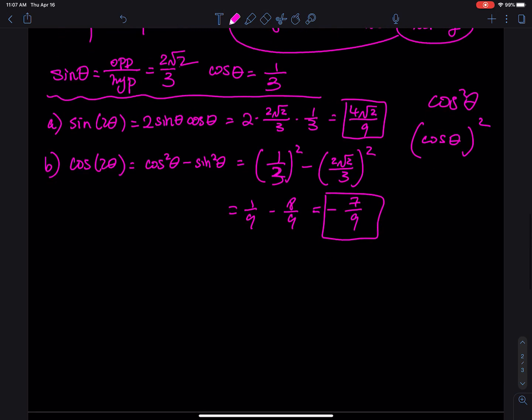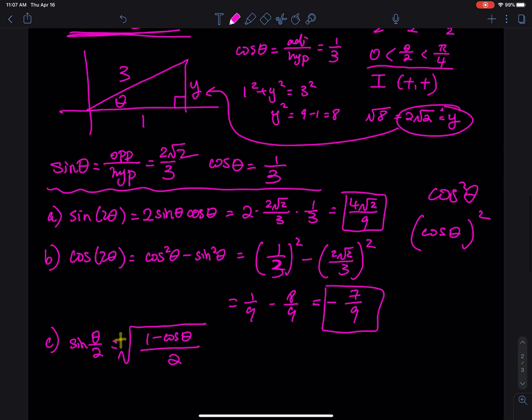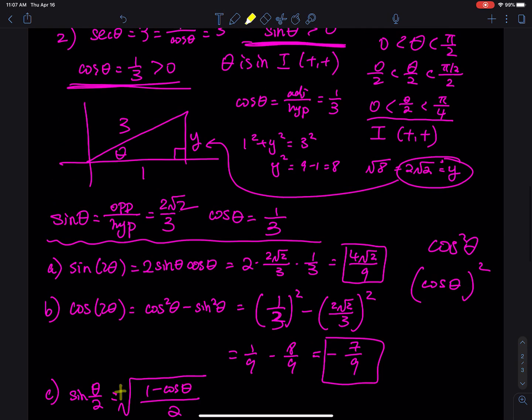And then your C, you have half angle. So that is the square root of 1 minus cosine theta divided by 2. And then what sign goes here? The answer is plus. Why? Because this half angle is in quadrant 1.